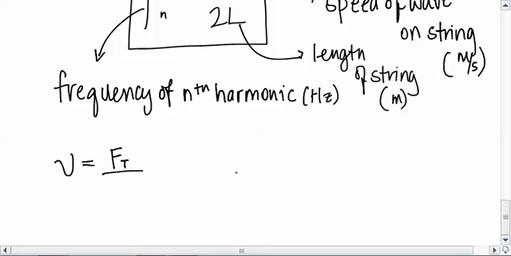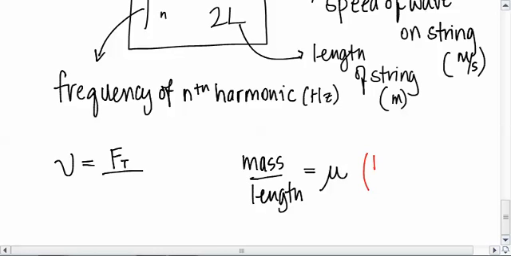Now, what we're actually measuring is not just the mass of the string, but the mass per length. Unfortunately, the symbol most often used for mass per length is mu. And in SI units, it should be in kilograms per meter.